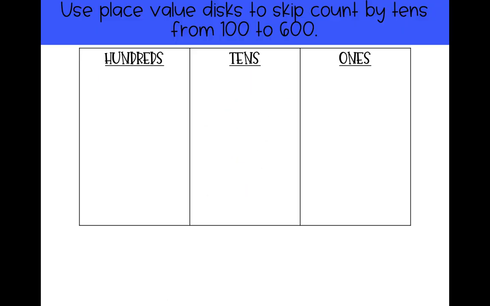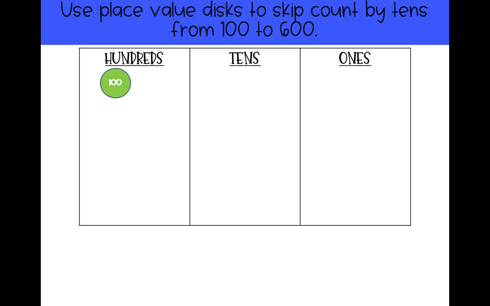Now, let's use place value discs to skip count by tens from 100 to 600. What number do we need to draw on our place value chart first? We need to draw a 100 disc. Now we can skip count by tens from 100. Go ahead and make sure you are drawing as we count together.